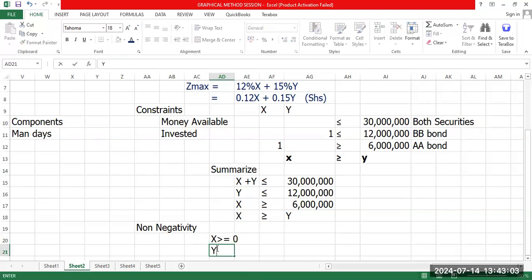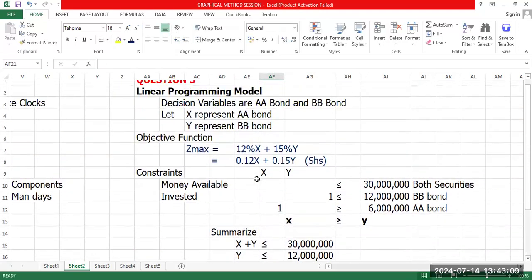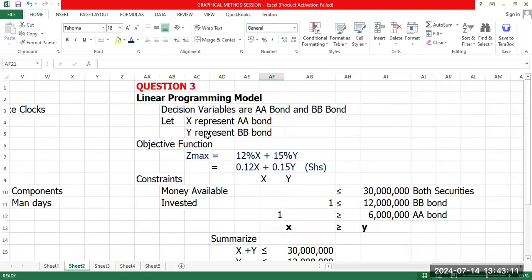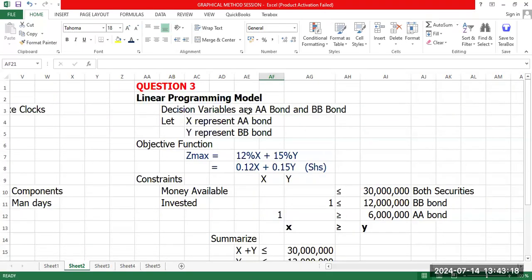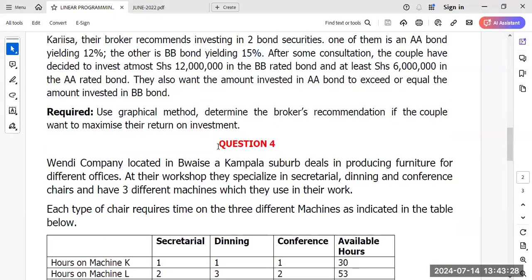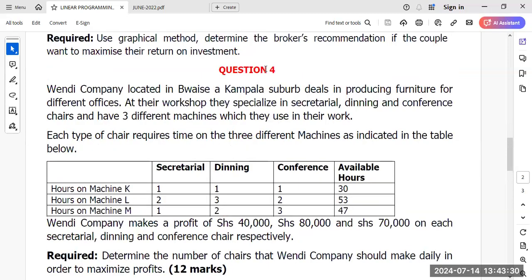Then y should be greater or equal to 0. So that's all with question 3. And that's how, guys, we are supposed to come up with a linear programming model. I think those illustrations are enough, but you will also do question 4.